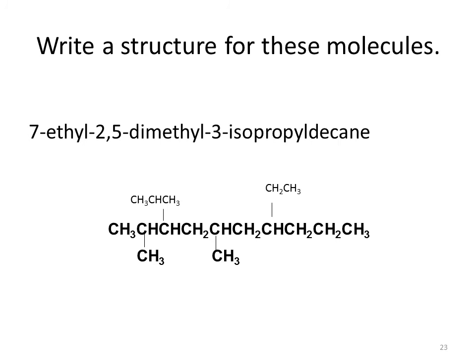If I did this with the skeletal or short method of drawing an organic molecule, I would first put in my 10 carbons to make the decane. Then I'm going to put in my ethyl on the number 7, and I'm putting in my 2 methyls on the 2 and the 5, and then my isopropyl group on my number 3 carbon.